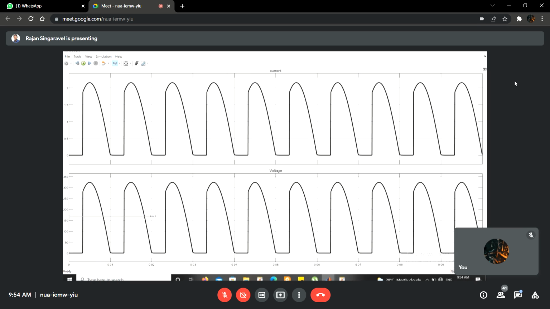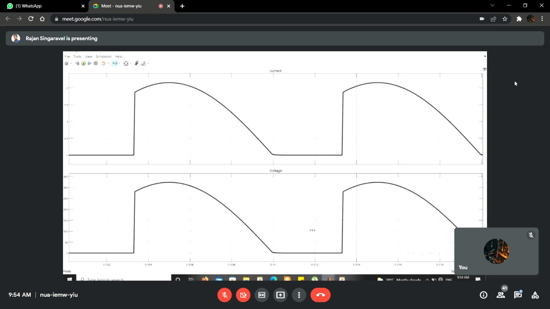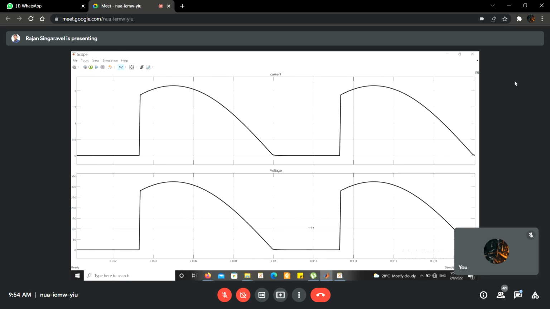I am just showing you only one cycle here, and see that the waveform is not 30 degree. What is the firing angle now?